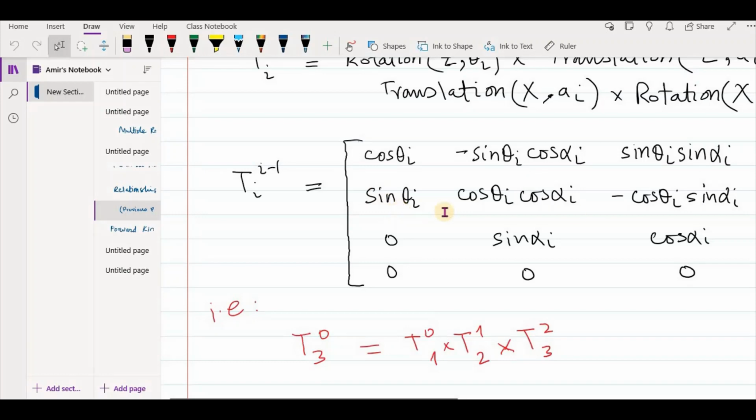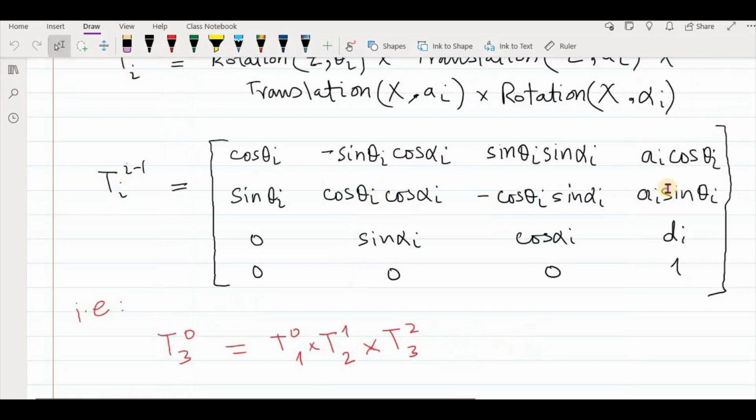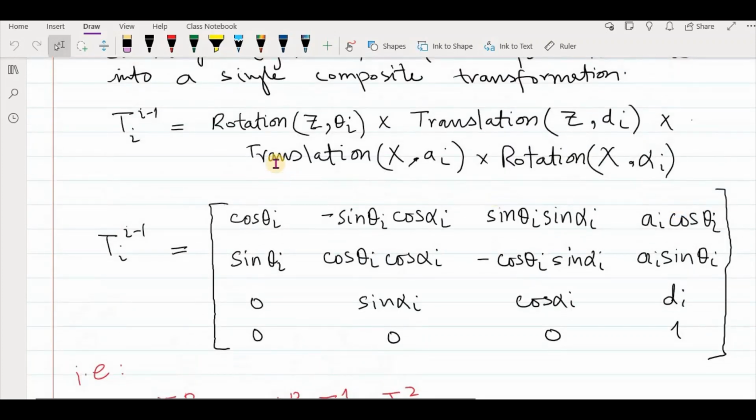Also the elements of this matrix were different, especially in this area, because there we were following the transformation of frames according to this pattern: first rotation, then translation, then translation, then rotation.